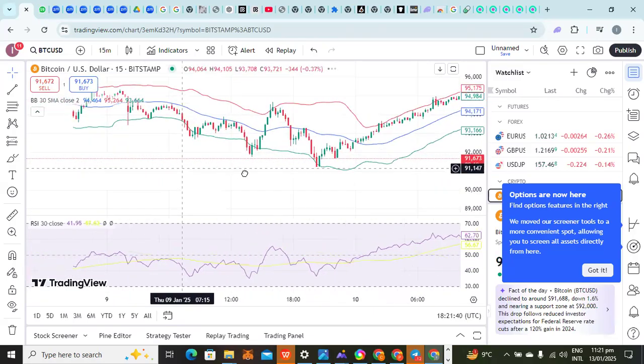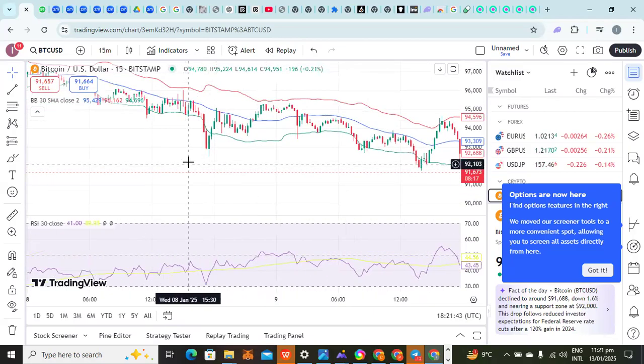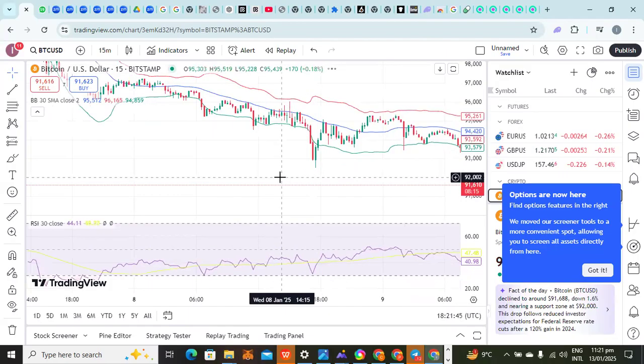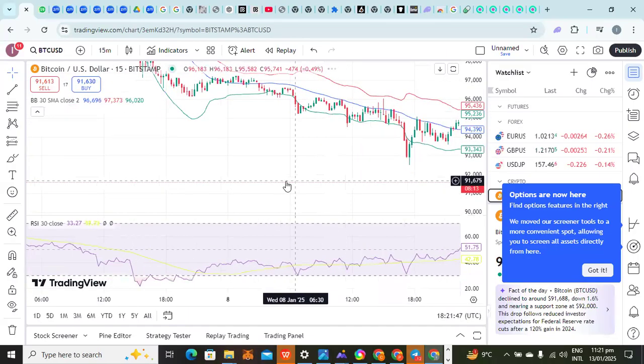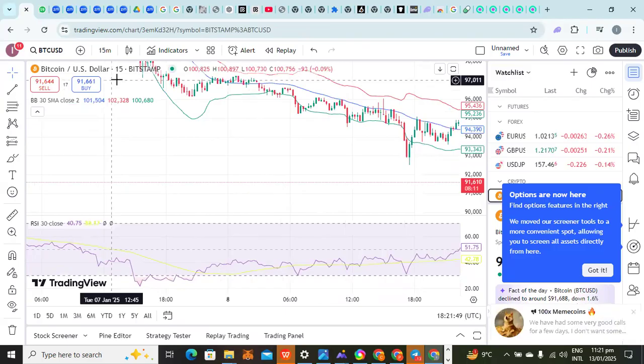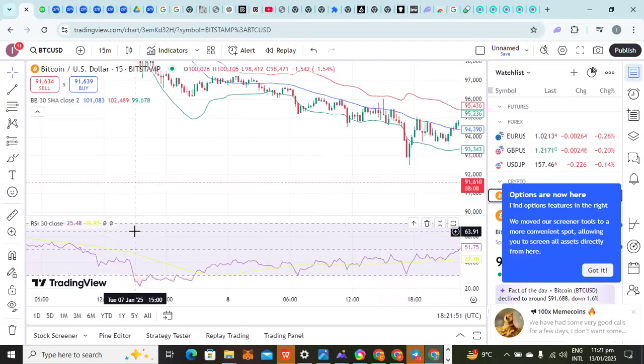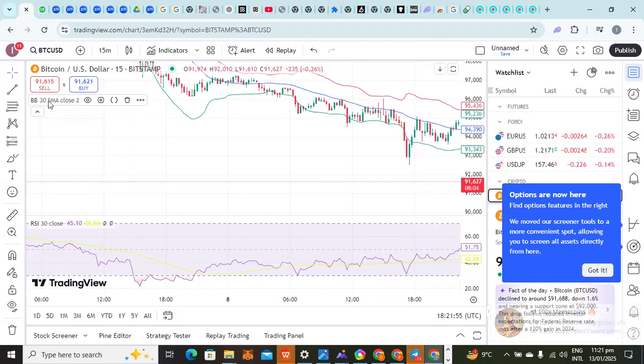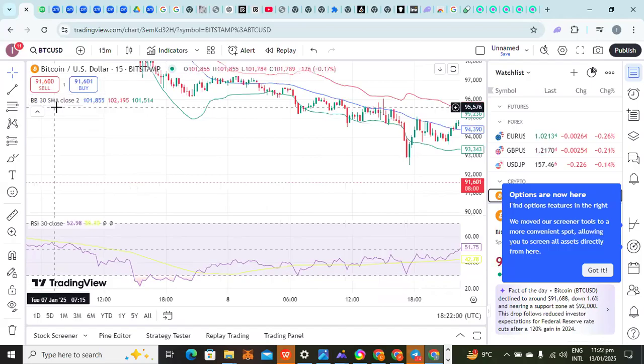Let's dive in. What is this actually, this 30, 14? That's something mathematical. Let's just not go into it. That's basically how many days average we are calculating. Bollinger Bands work on a different physics, and the mathematics is kind of complicated.